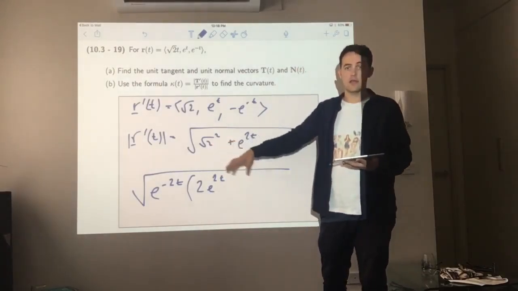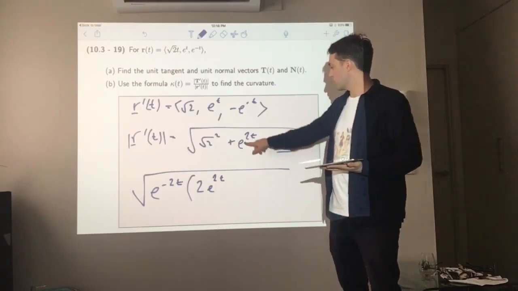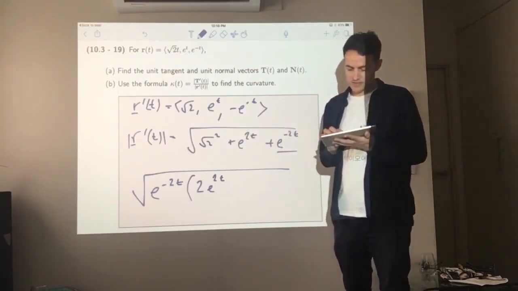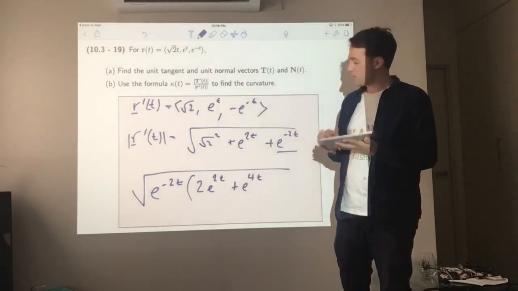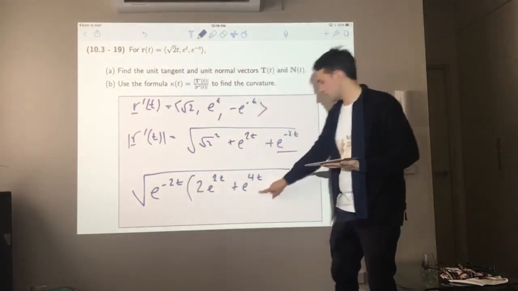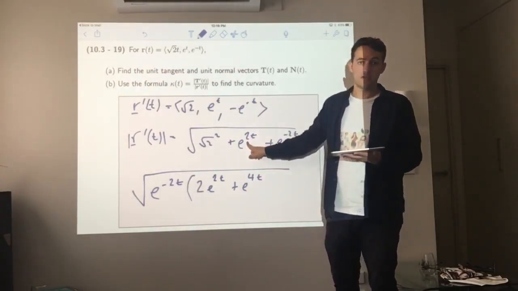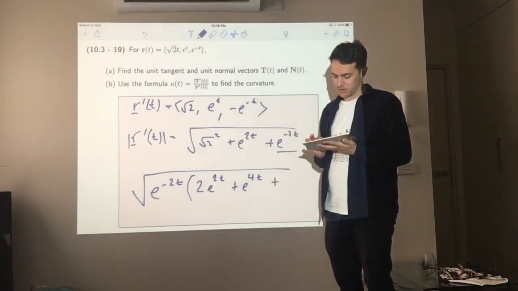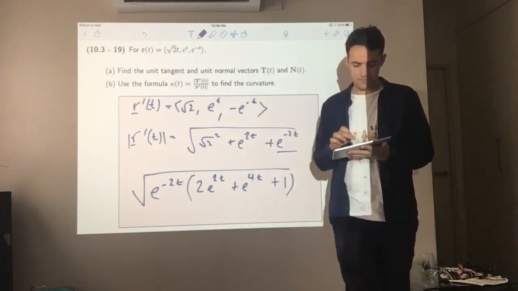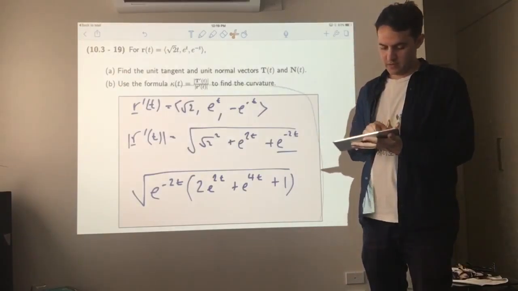So that'll be the term that we take out of there. For this term, it's actually going to be e to the 4t. Now remember, if we multiply this by this, we'll get e to the 4t minus 2t, we'll get our e to the 2t back. And then this term is our original term, so we get a plus 1 here. Okay. So, let me do the whole thing.